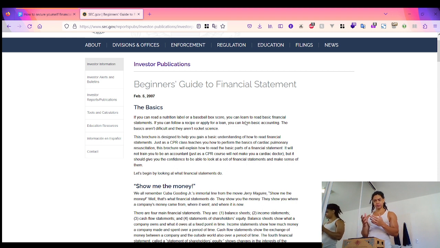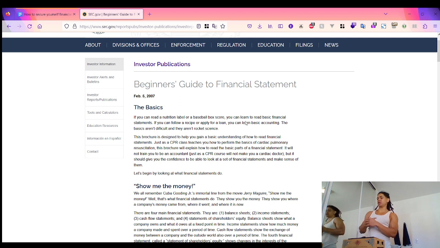This section is designed to teach you how to read basic financial statements and to gain some basic understanding of them, much like a CPR class teaches you how to perform cardiopulmonary resuscitation.